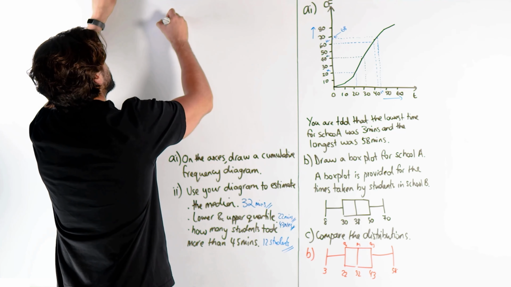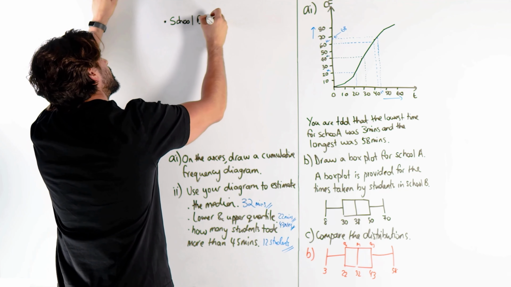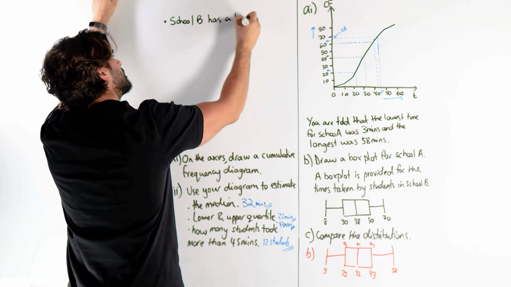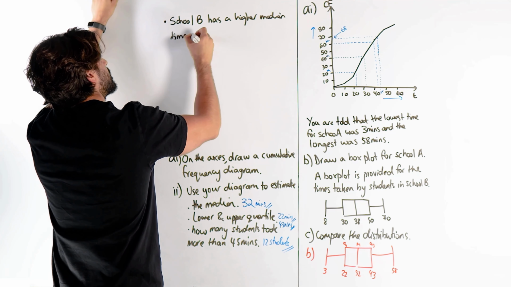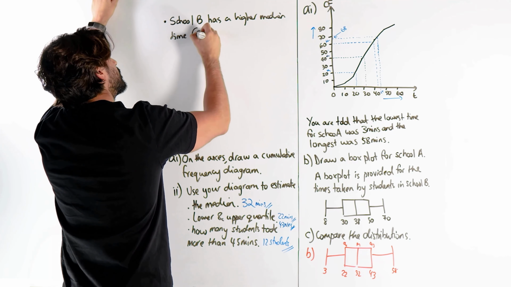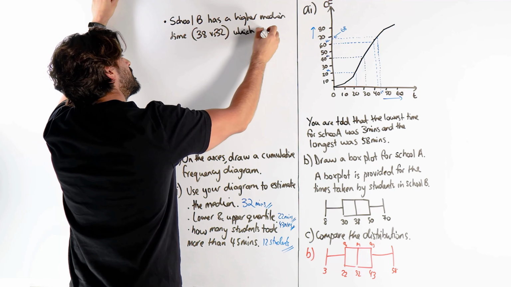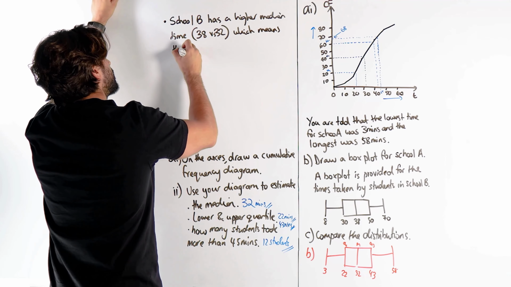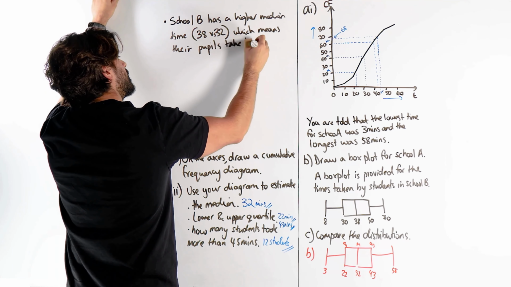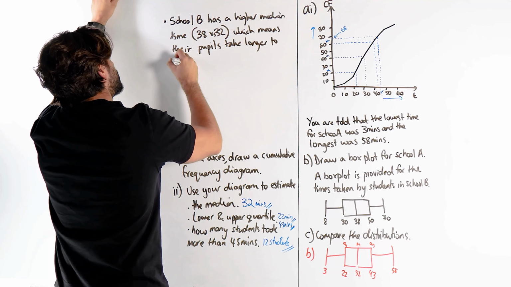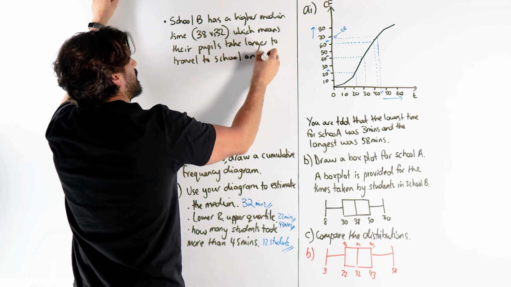So the first thing we're going to say is that school B has a higher median time, which is, I like to say, 38 versus 32, which means their students or pupils take longer to travel to school on average.